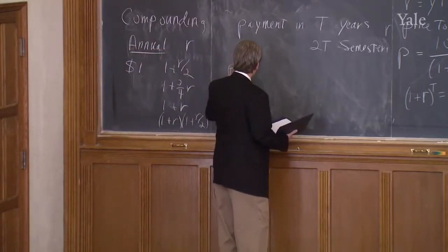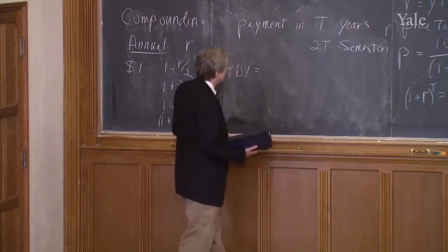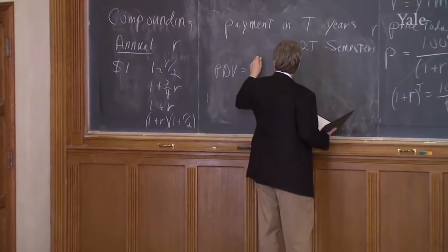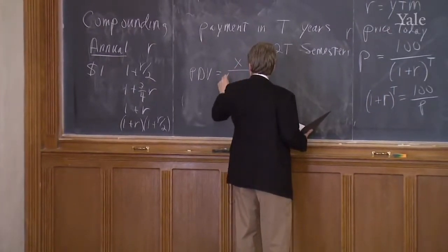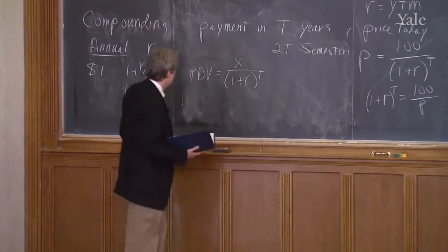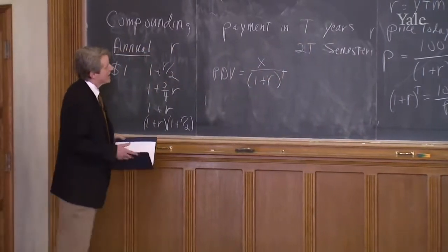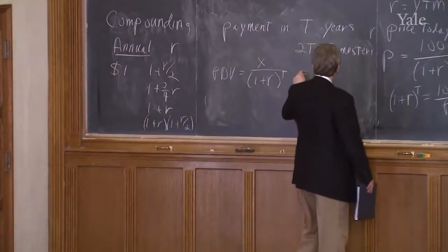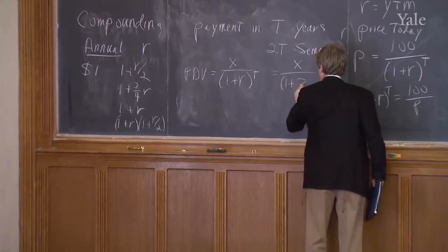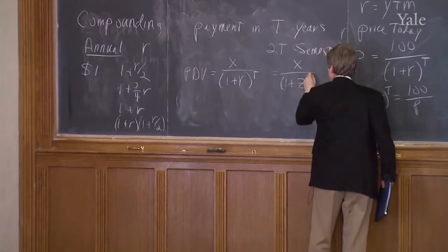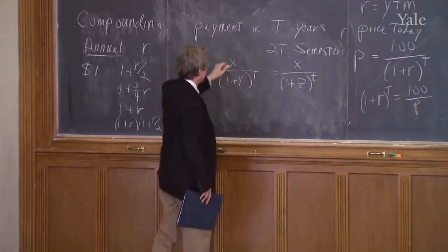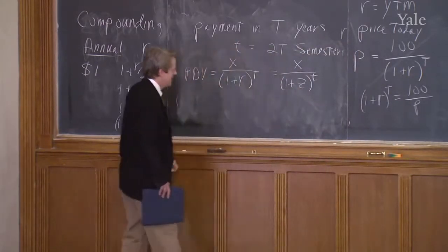The present discounted value of a payment in T years is just the amount, which is X dollars divided by 1 plus R to the T. Or if you're compounding every 6 months, it would be X all over 1 plus Z to the lowercase t, where lowercase t equals 2T.